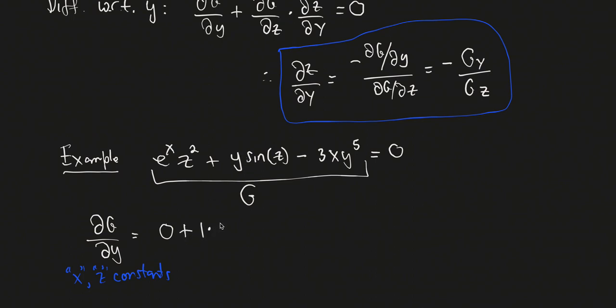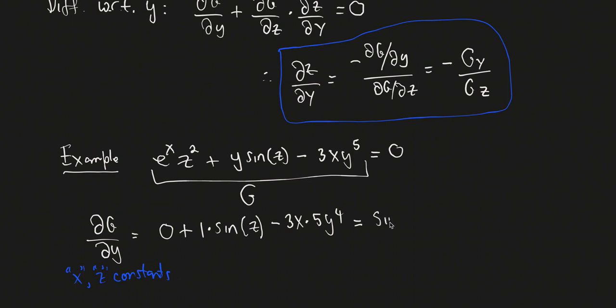So we'll have 1 times the sine of z. And then with the minus, again, remember we're treating x as a constant, so we'll bring down that minus 3x, and then we're differentiating our y to the fifth regularly, so we'll have 5y to the fourth. And that's what the partial derivative of this expression is, right, with respect to y.